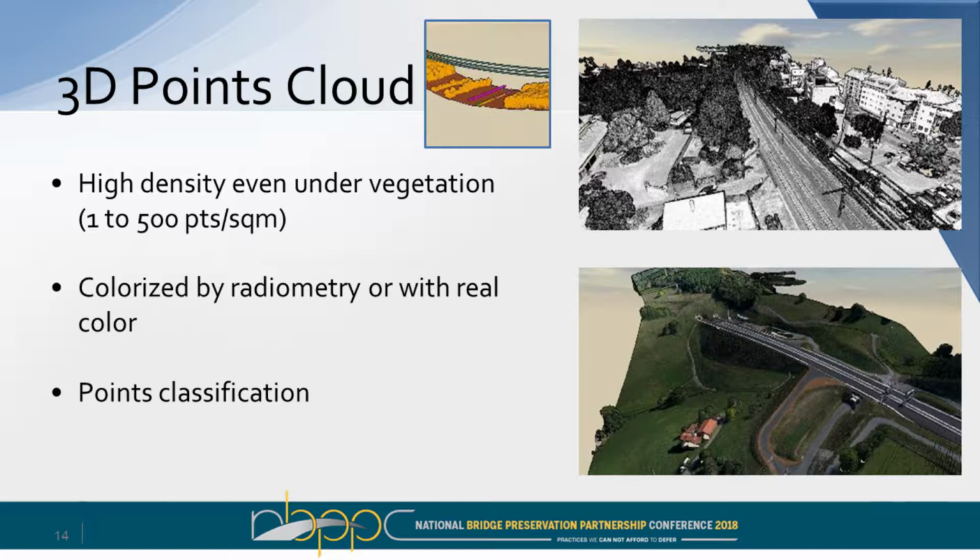Here on the lower right, you can see we used the point cloud, but then went back and put the real colors onto it, whereas on the upper center picture, it's not the real picture, the trees aren't really orange. And at the bottom, of course, once you have all of these points, you'll want to classify them between vegetation, an electrical line, a building, that way you can sort through them later, and it really helps with any analysis that you're doing.